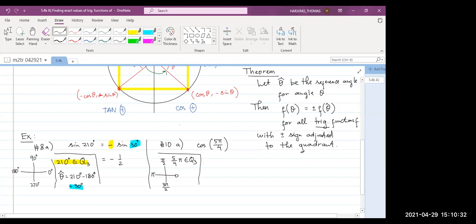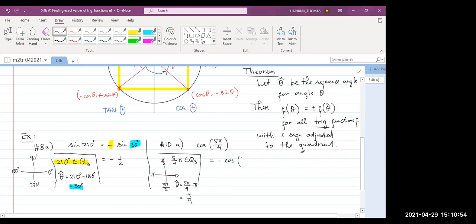Now in quadrant 3, cosine is negative. And the reference angle in quadrant 3 is that angle minus pi, minus 180 degrees. So we get pi over 4, right?